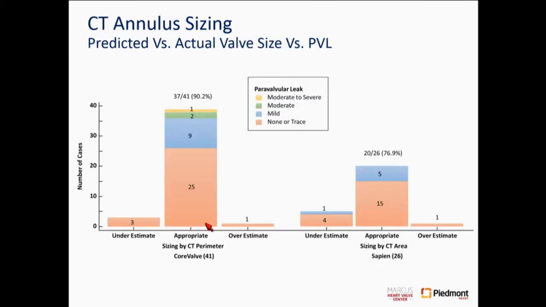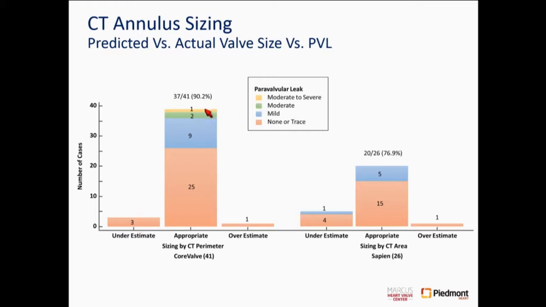post-balloon dilatation. So if you actually look at the CT data, if you compare the CT predicted valve size to the actual valve size used for the core valve patients, almost all the patients were predicted correctly by CT. There were only 3 patients in whom CT predicted a smaller valve size than was actually used.